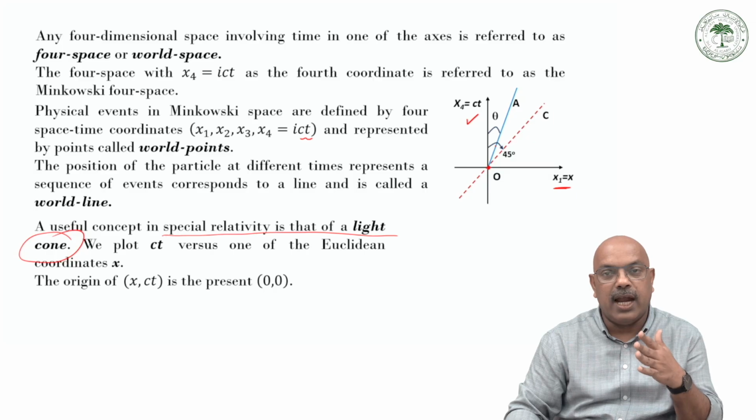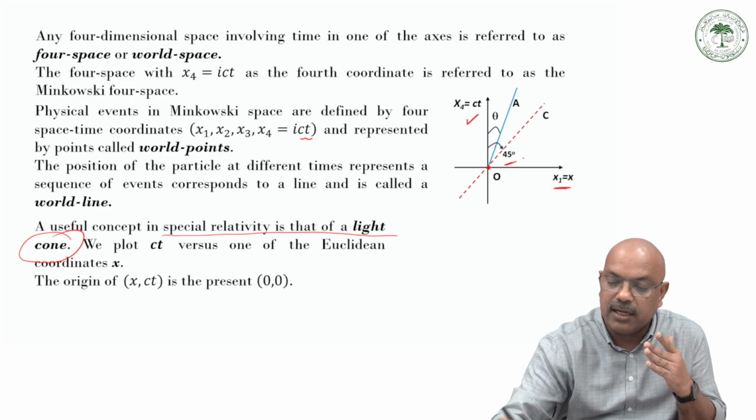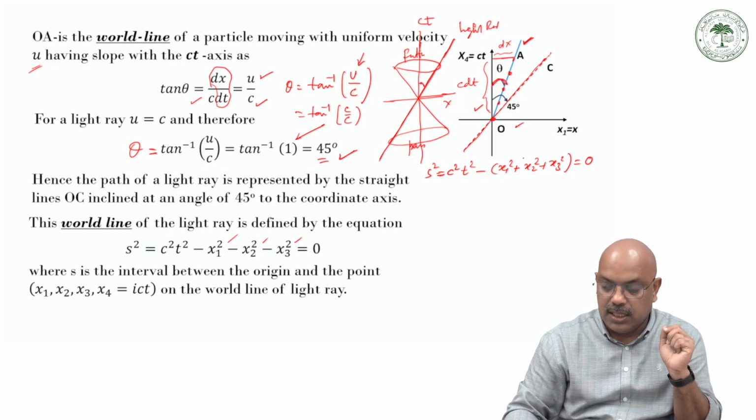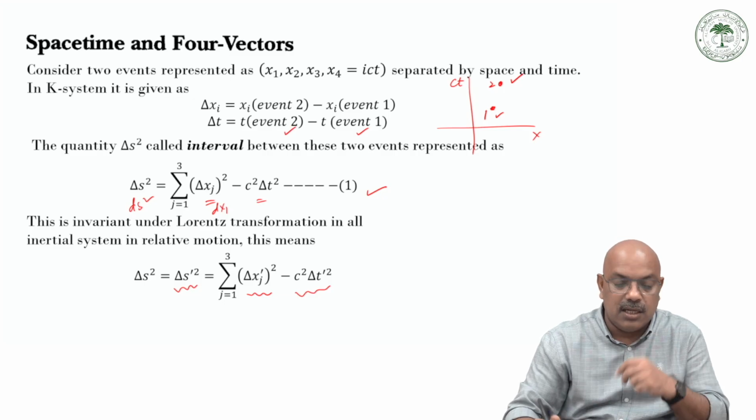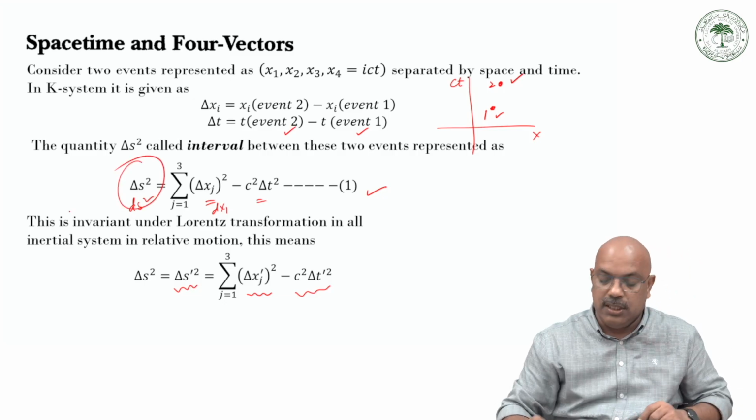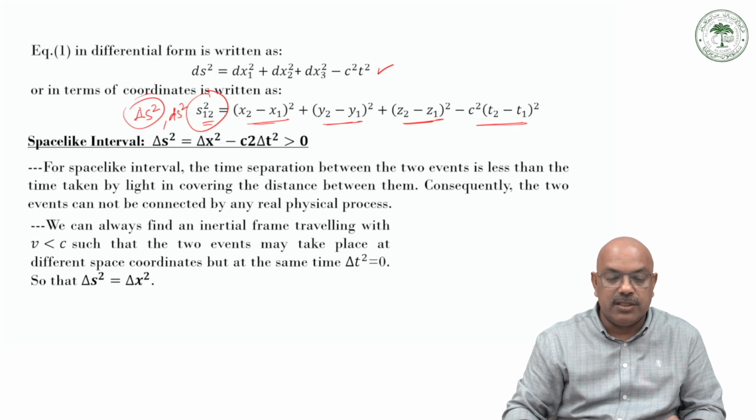The first thing we know is that a light ray is going to have a line at a 45-degree angle. The second thing is that delta s square is going to be invariant under the Lorentz transformation.